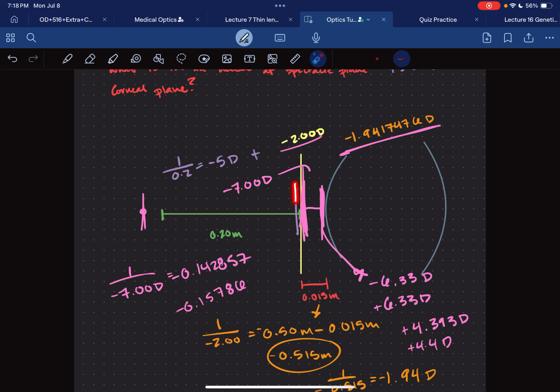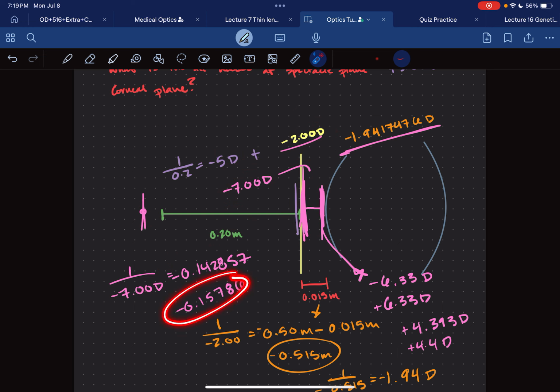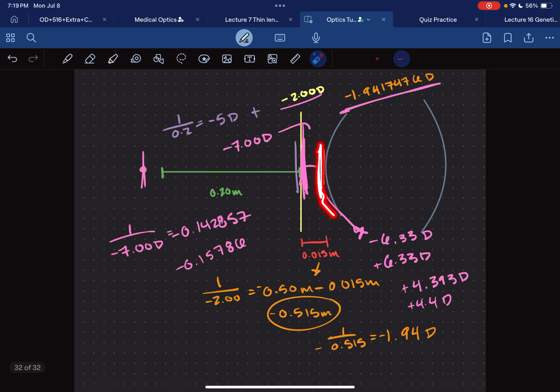Then go from here to the back surface of this lens, so you add this to that to get this. That's the back surface. Then use that -7 to find the distance it travels from its focal point back there. This is a mess. Then using that distance that you found from adding this to this, you use that to find the divergence right before it refracts, which is that.